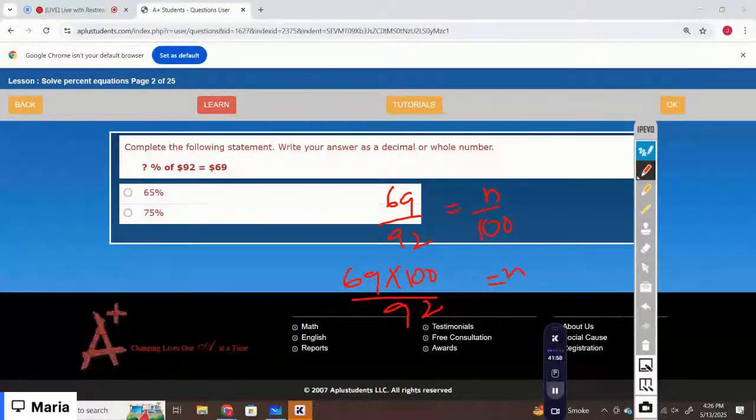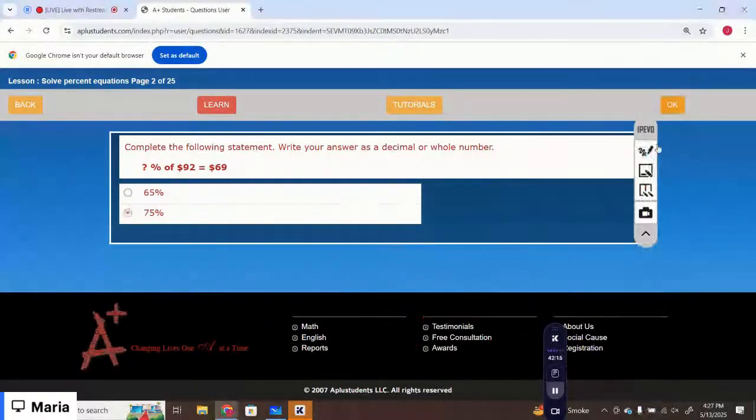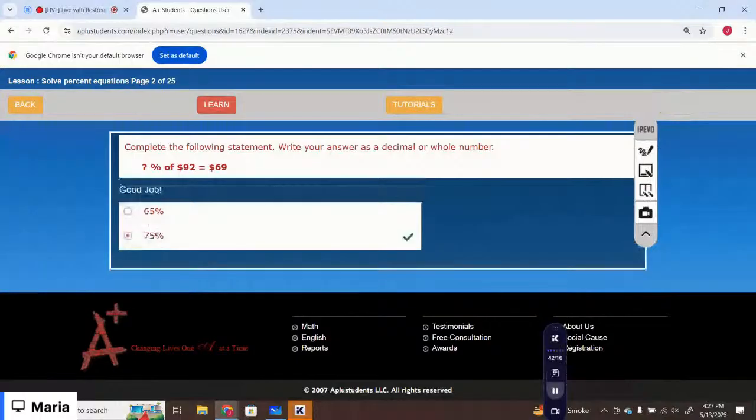That is 6900 divided by 92. The correct option is 75%.